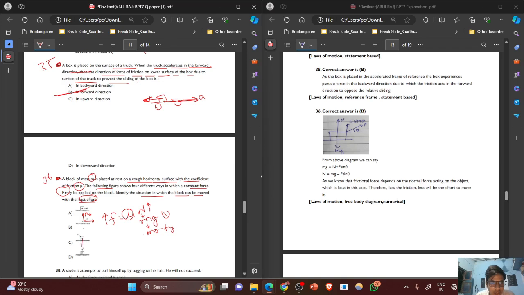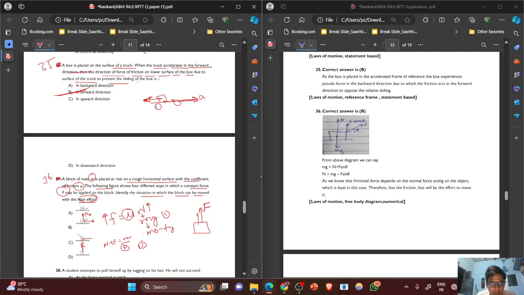In the third, it will be mg plus Fy, and in the other, N plus F equals mg minus F. So in the fourth option, there will be the least normal acting. Actually, you can see here in the fourth option, the D option, the block is in this way, and the force is applied in this way.